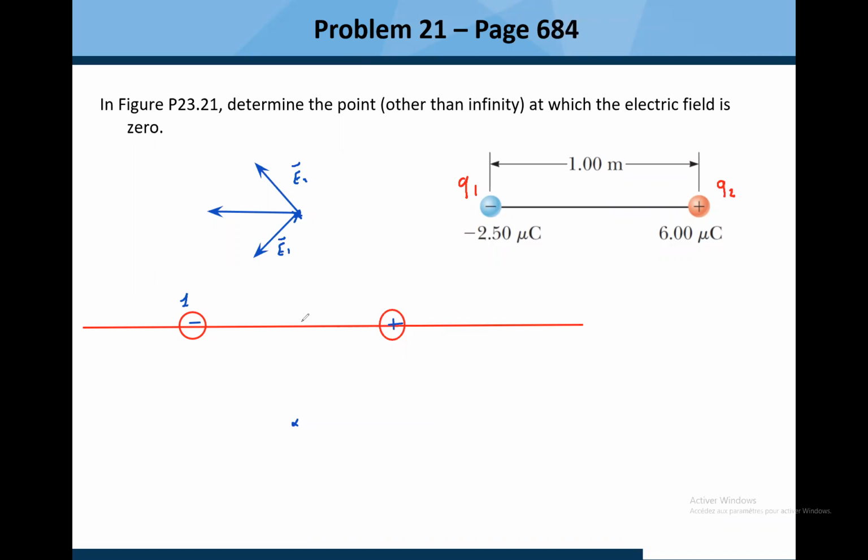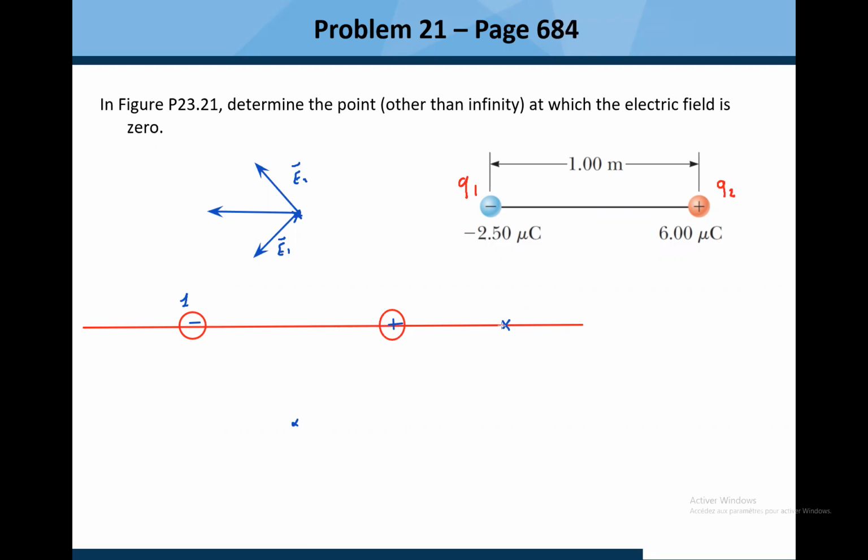it's on the x-axis. We have to say maybe here, maybe here, maybe here: to the right, between, and to the left. Let's see every one. At this position, the charge 1 will create a field.